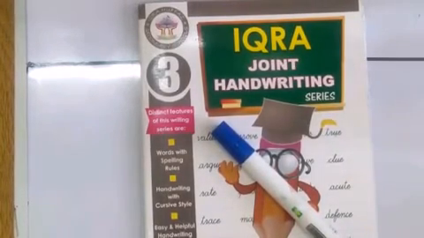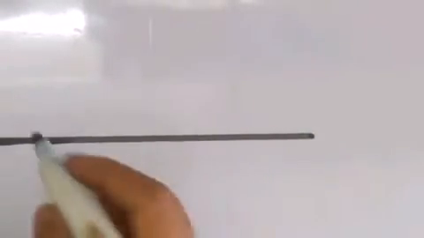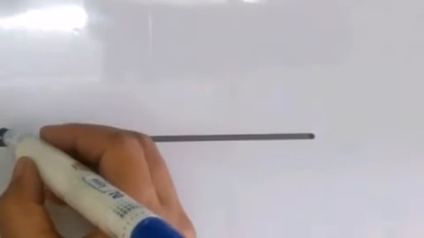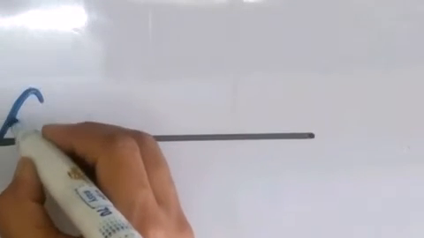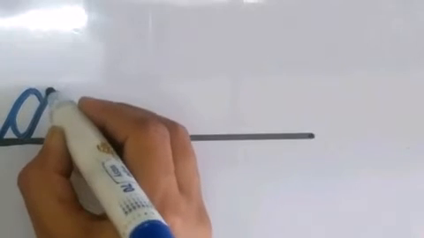I'm going to write a few words for you and you have to guess the common thing between the words. Let's start writing. I'm going to write the first word, grief. Sit carefully, hold your pen properly. Formation should be good.